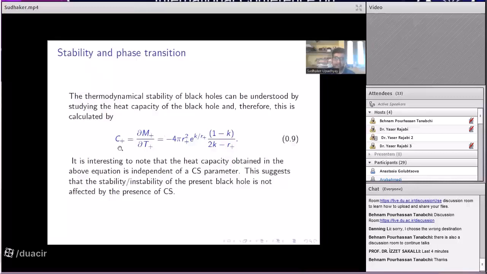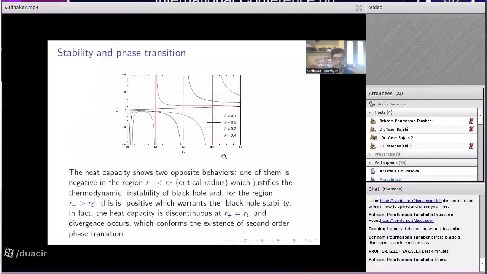So here, if you calculate the black hole heat capacity, it appears in this form. And this expression cannot simply tell us whether the heat capacity is positive or not until you plot it. So now we plot this heat capacity expression in terms of the horizon radius, and it appears like this.